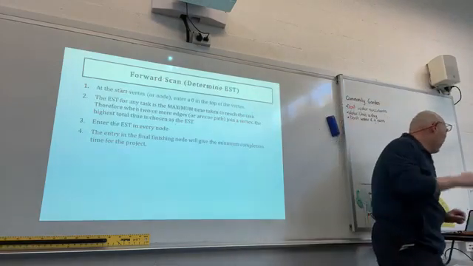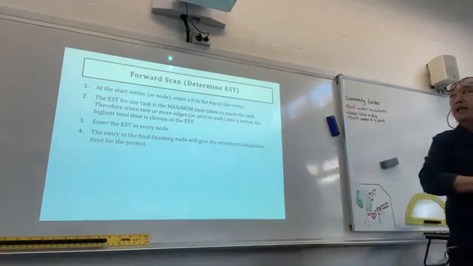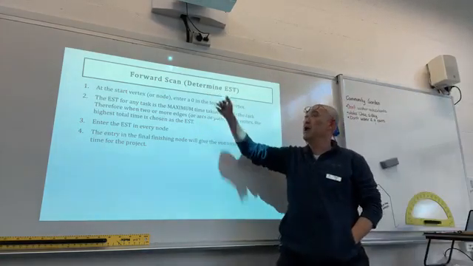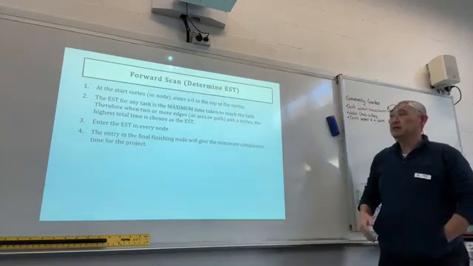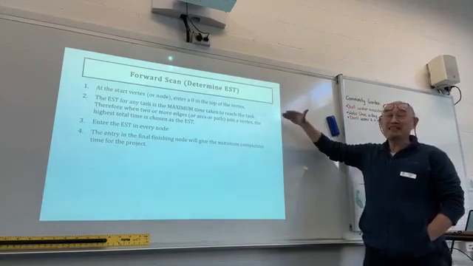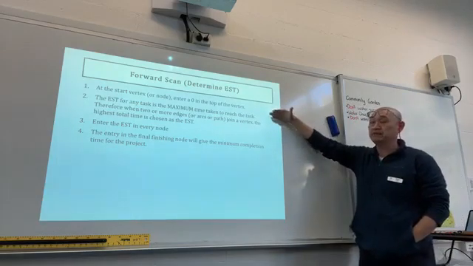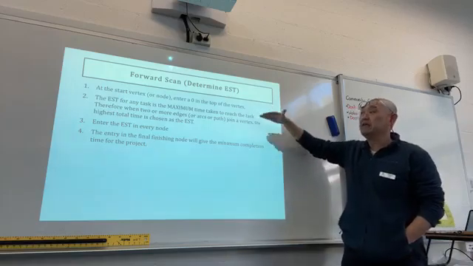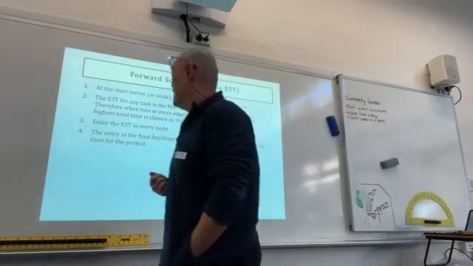So quickly going through forward scan. You look at the start vertex or start node. Enter 0 at the top of the vertex. And then the earliest start time for any task is the maximum time taken to reach the task. So if you have 2 or more edges or arcs joining a vertex, the highest total time is chosen as the EST.